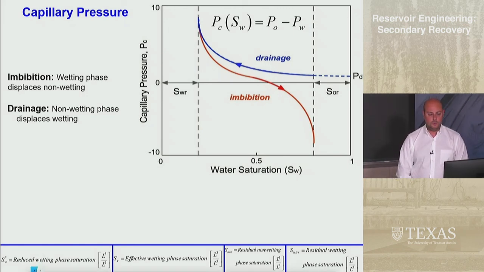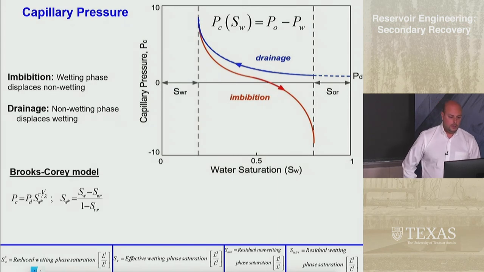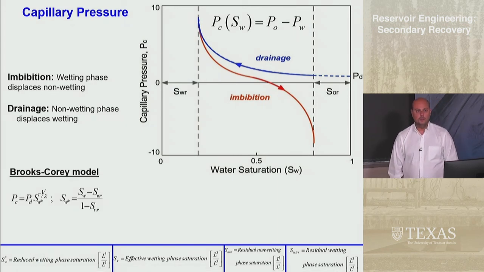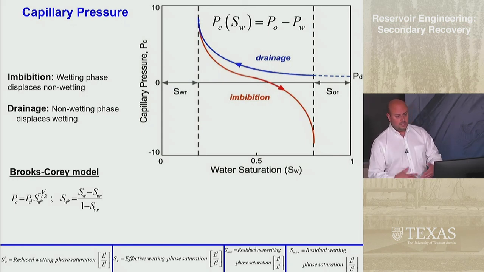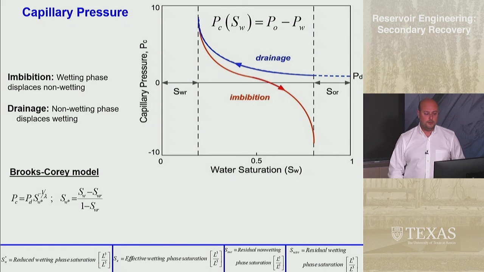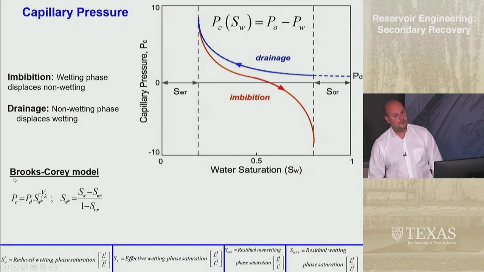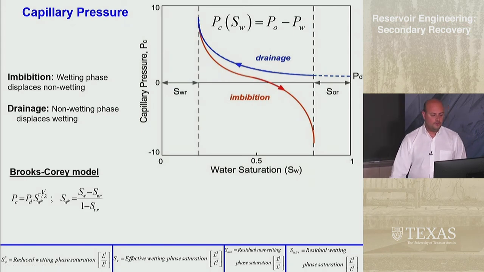The way you get this, I won't go through the details. You learned in petrophysics experimentally how you determine capillary pressure, but you can fit the data sometimes to a model, like the Brooks-Corey model. Okay, now that might sound familiar to you because Brooks and Corey also have a model for relative permeability, but for capillary pressure it looks like this.